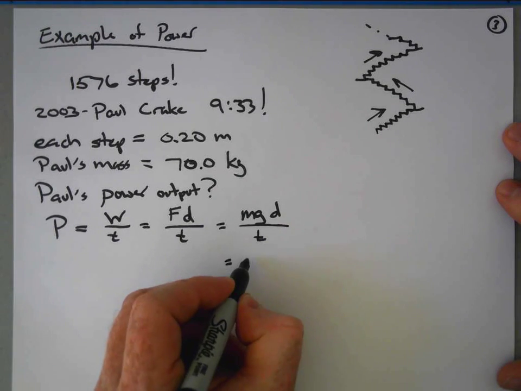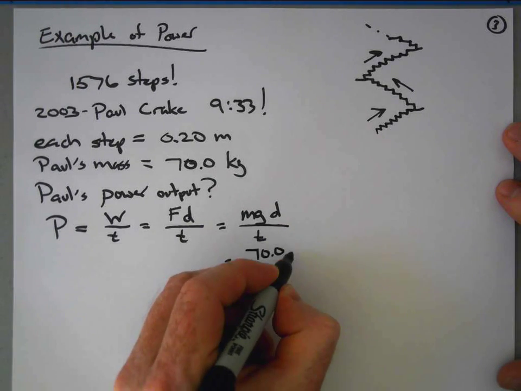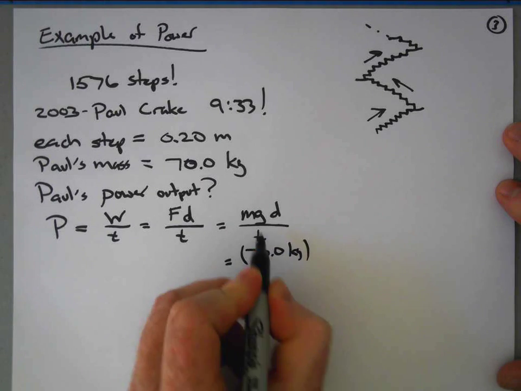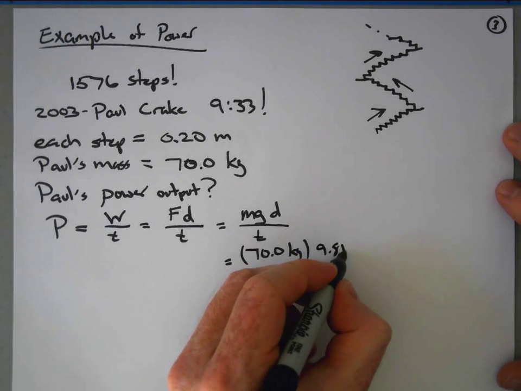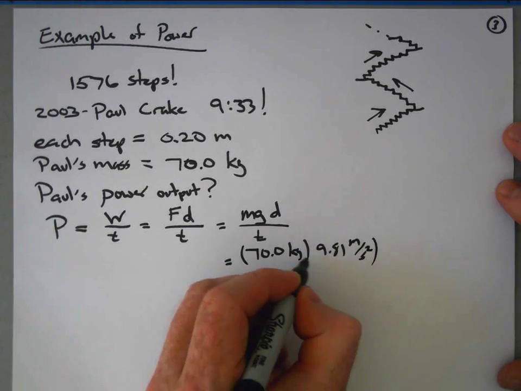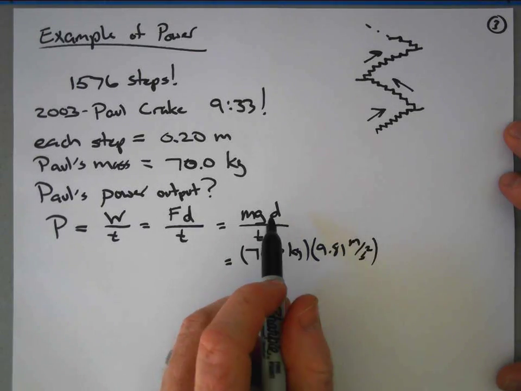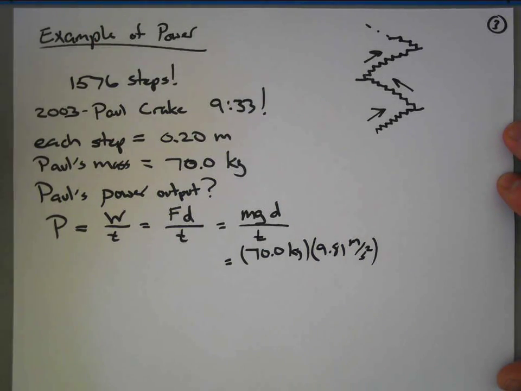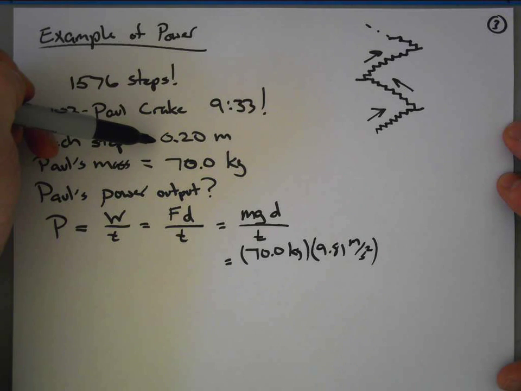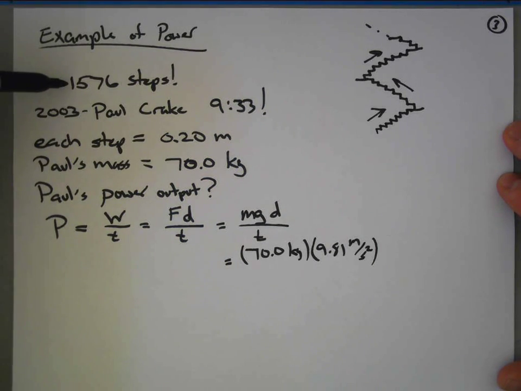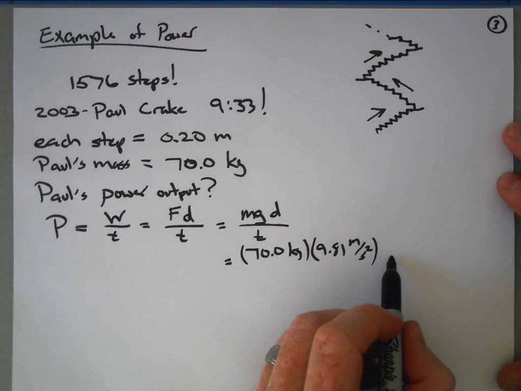I'm going to look at the mass. We have 70 kilograms. I'm going to look at g is 9.81 meters per second squared. Okay, so my distance, remember, the total distance traveled is the height of each step multiplied by how many steps there are. So I need both of those numbers next.